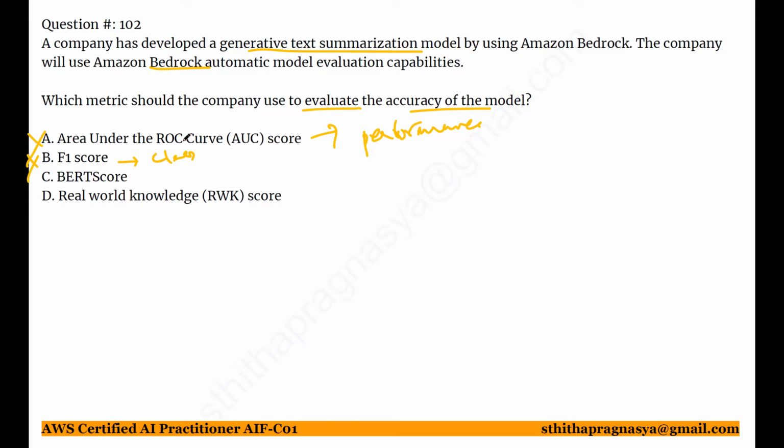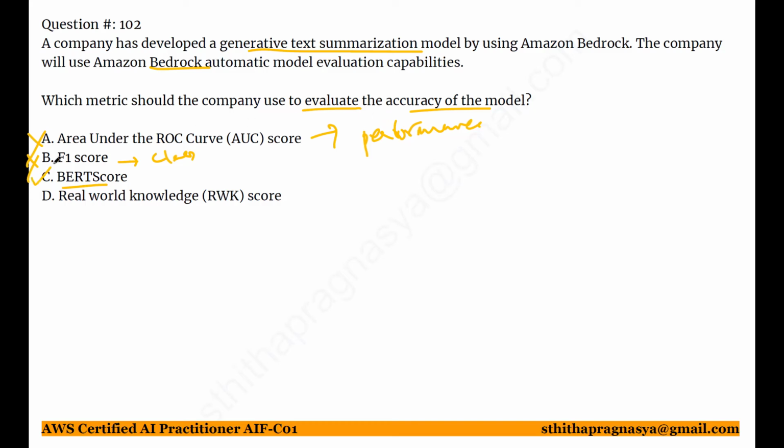Then what is? Well, that's where we have BERT score. This evaluates text similarity by comparing embeddings generated by a pre-trained language model like BERT. It captures semantic similarity between the generated summary and the reference summary, making it well suited for assessing accuracy in generative text summarization tasks.